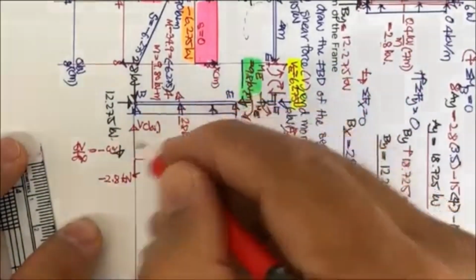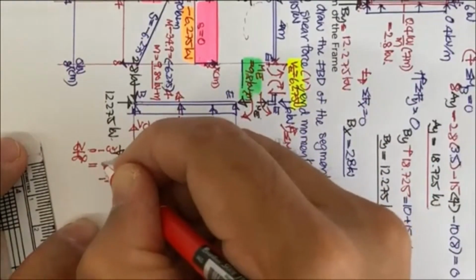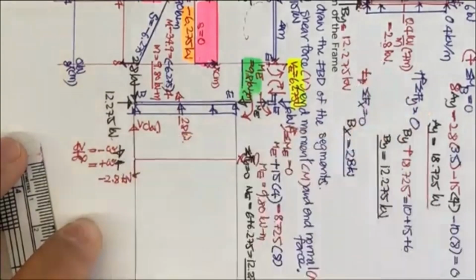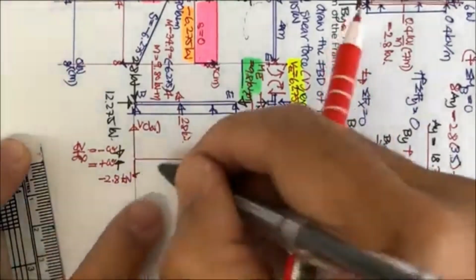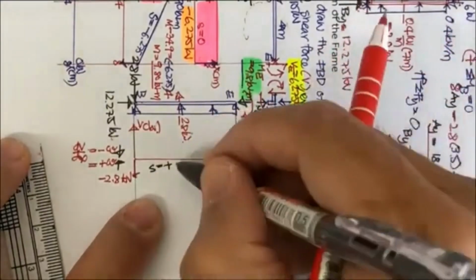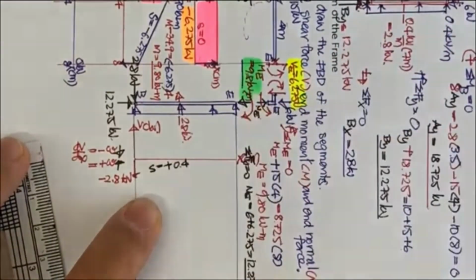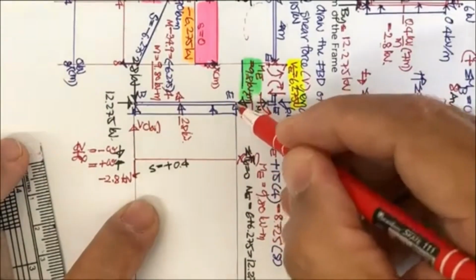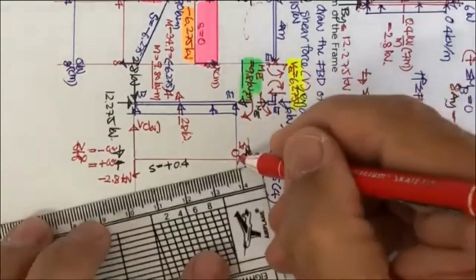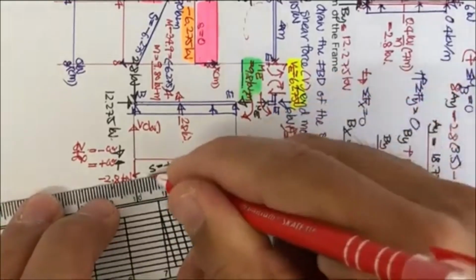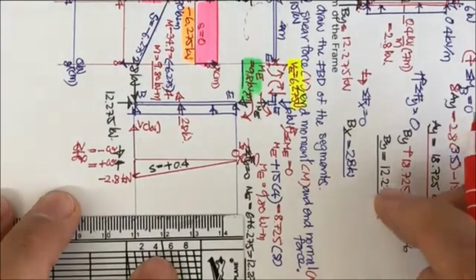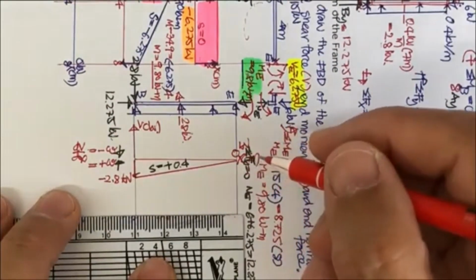So this W is in the opposite direction, so it's going to be plus. So the S here is going to be plus 0.4. And here there is no shear force, so this is 0 kilonewton. Then we just draw this shear diagram. Really beautiful one. Okay, and next.